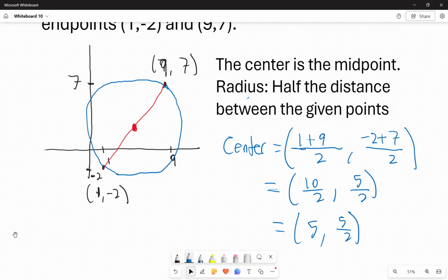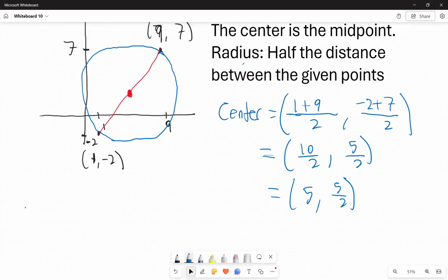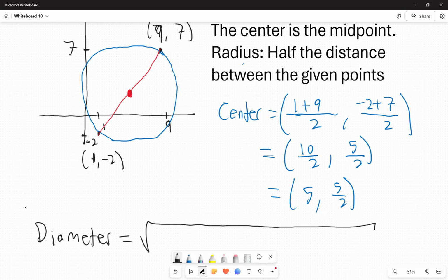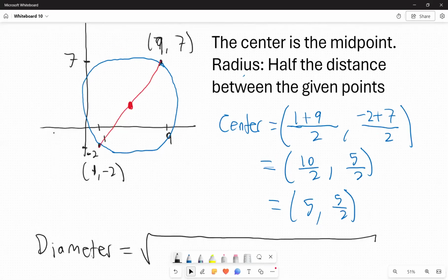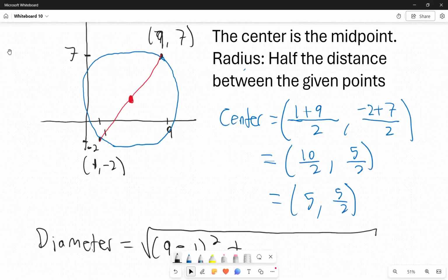And then to find the radius, we are going to find the distance between the points with the distance formula and divide the distance by 2. So the distance, or that would be the diameter, we find this with the distance formula. This is going to be x2 minus x1, so that's 9 minus 1 squared, plus 7 minus negative 2 squared.